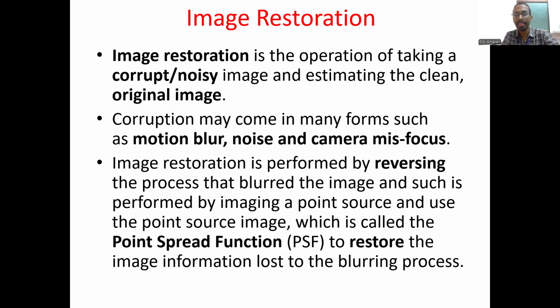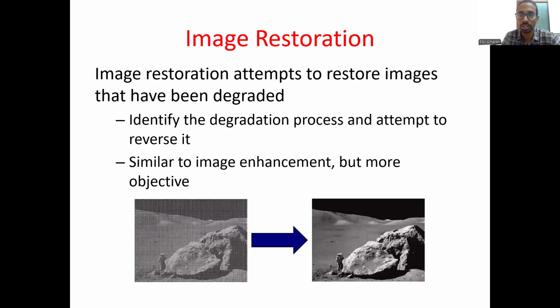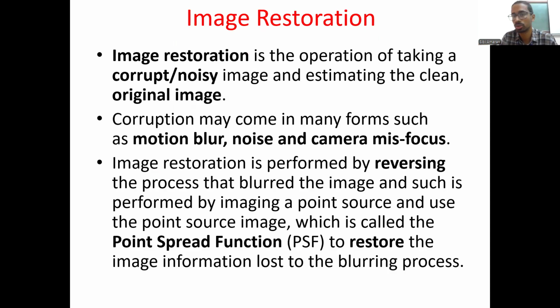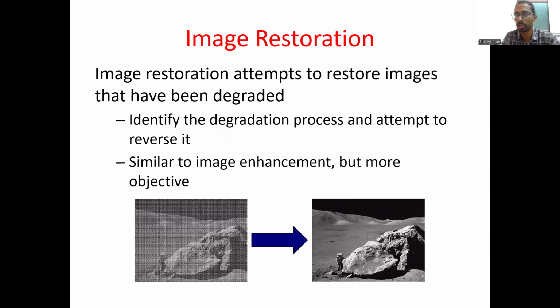Now image restoration. This is the input image that we are going to take. The quality of the image is not good. What we are going to do is apply the image restoration, the image degradation process, or else what we can say is the image enhancement process. Through that, we are going to improve the quality of the image.